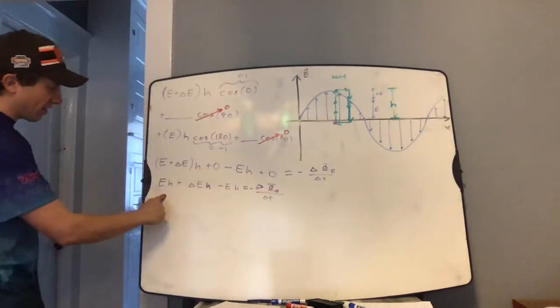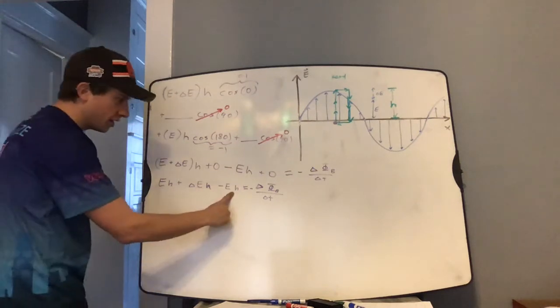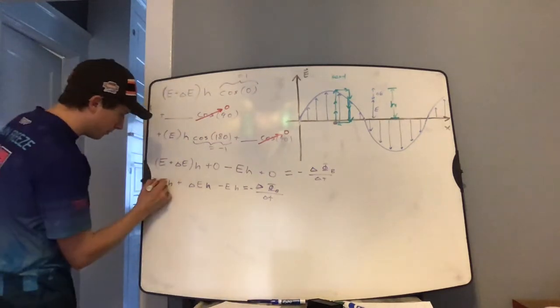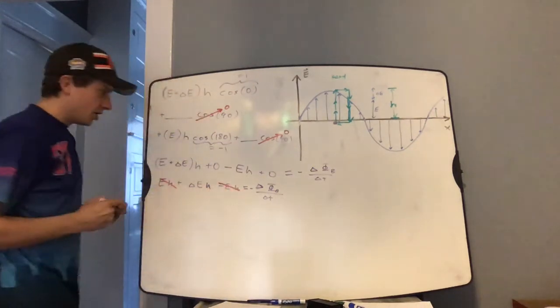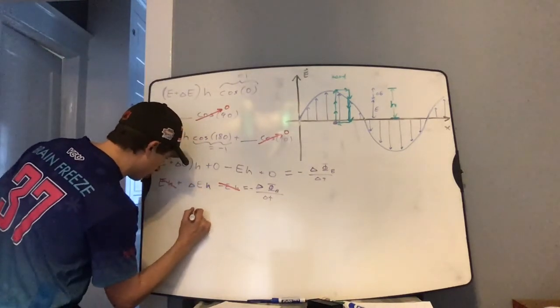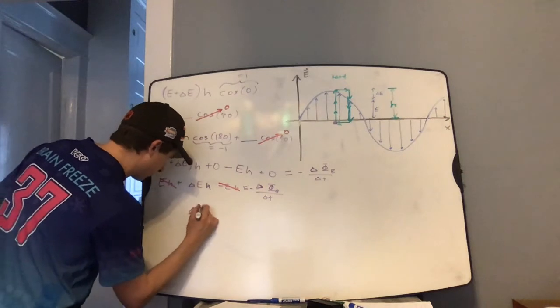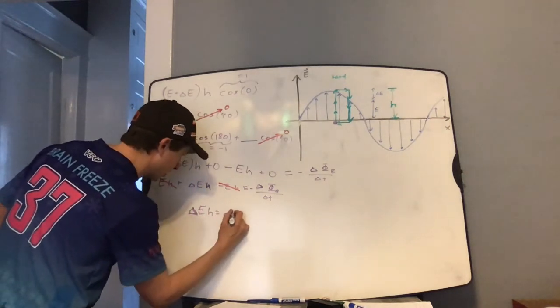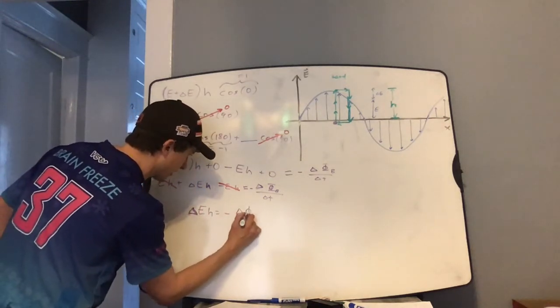And then I notice I have plus E H over here, minus E H over here. So I get delta E times H is equal to negative rate of change of magnetic flux.